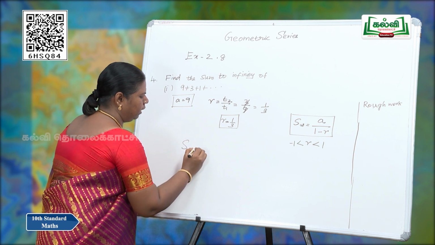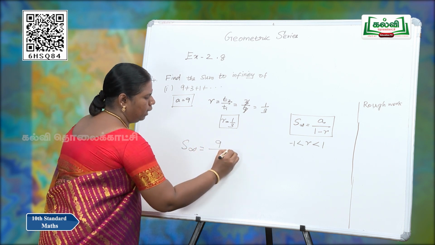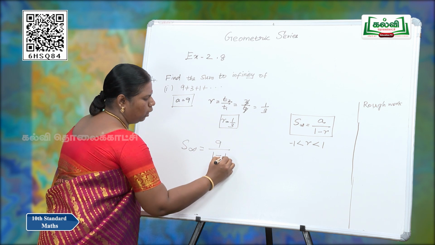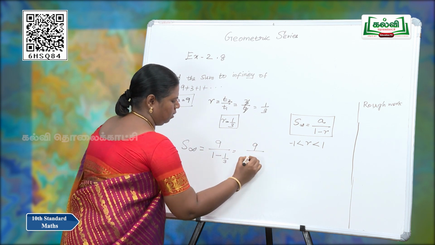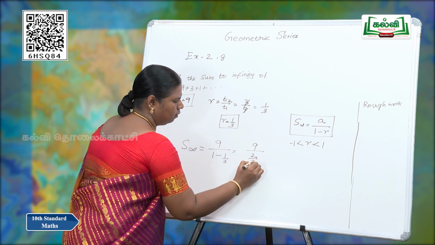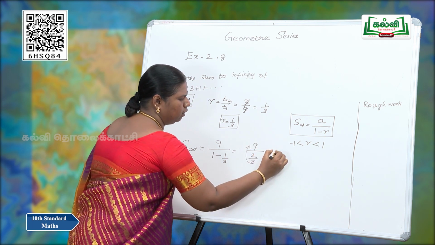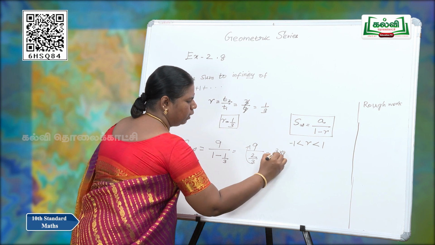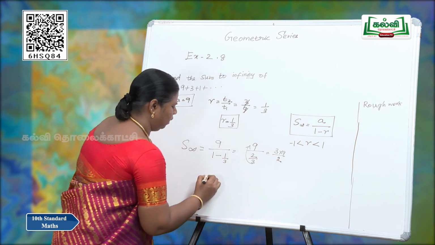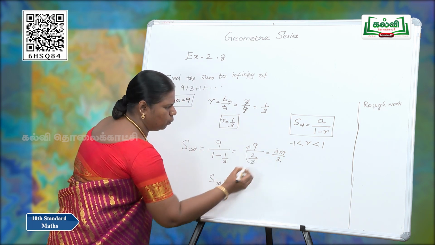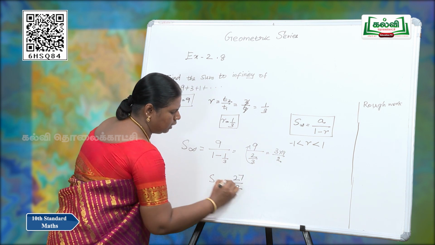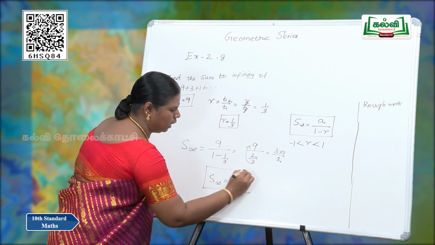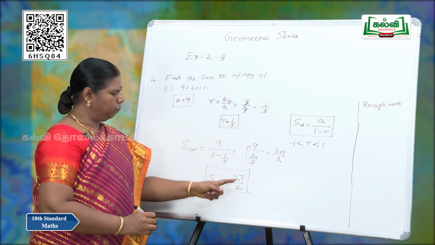S infinity is equal to 9 by 1 minus 1 by 3, taking LCM we get 2 by 3, 3 goes to the numerator. So, 3 9s are 27 by 2. S infinity is equal to 27 by 2.